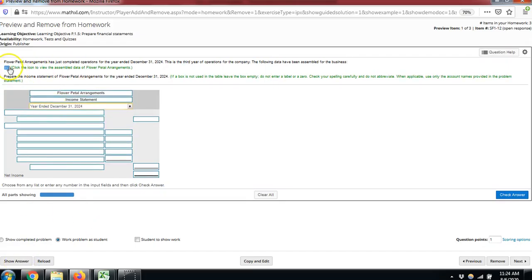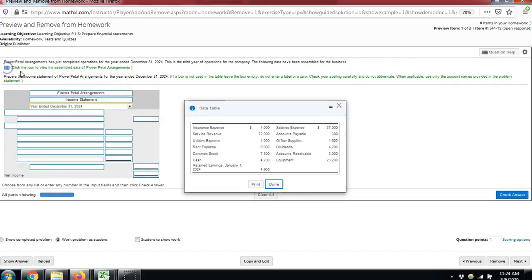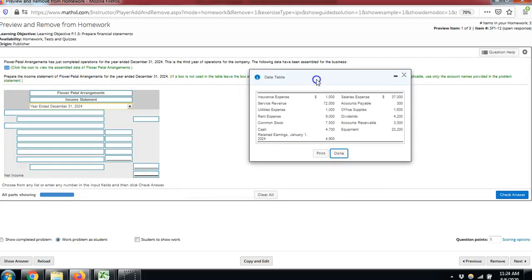Okay, so now let's see the account balances. Here we see all of our different account balances, and the challenge of this particular question will be which of these accounts are going to go on the income statement. The basic calculation of the income statement is revenues minus expenses equals net income.